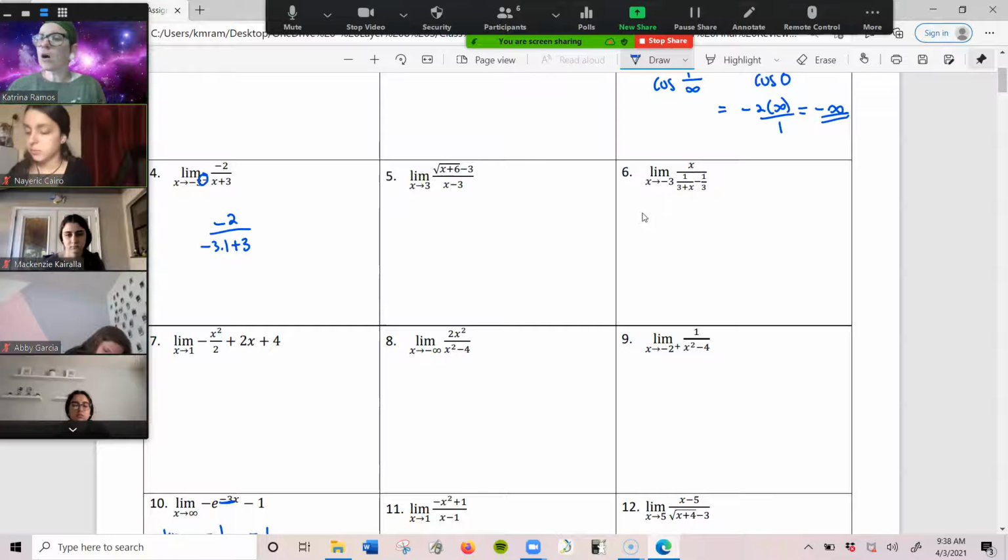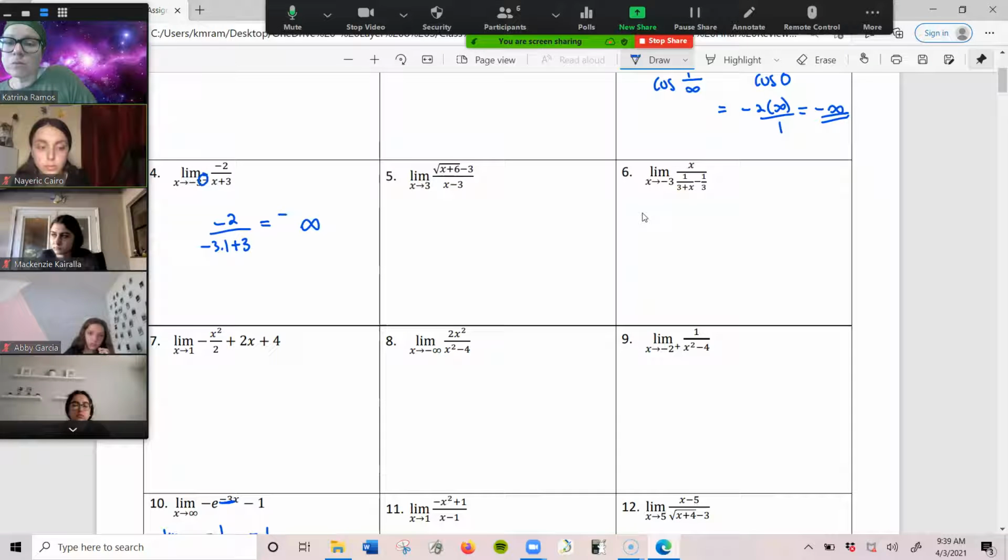With these, all I care about is the sign. I don't care about the actual number because I know that my answer is going to be some sort of infinity because of that vertical asymptote. So we have a negative in the numerator, so the -2, over a negative in the denominator. And a negative over a negative makes it positive. So that means that my answer is positive infinity.